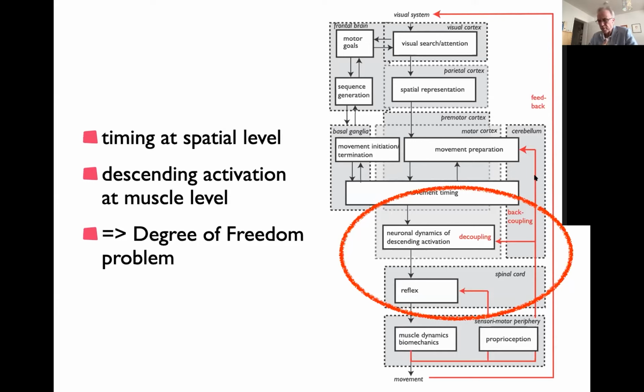You have, as I mentioned, about 40 for your upper extremity. And you have only this 2- or 3-dimensional vector of your hand in space. And so you have a few-to-many mapping to solve, and that's called the degree of freedom problem. So it's a question of how the time profiles of activation of all the muscles are derived from this very simple hand velocity in space.